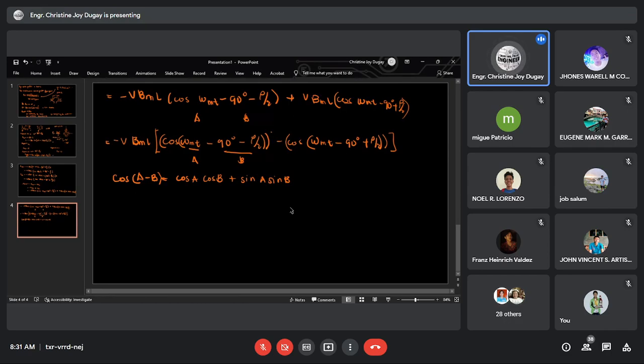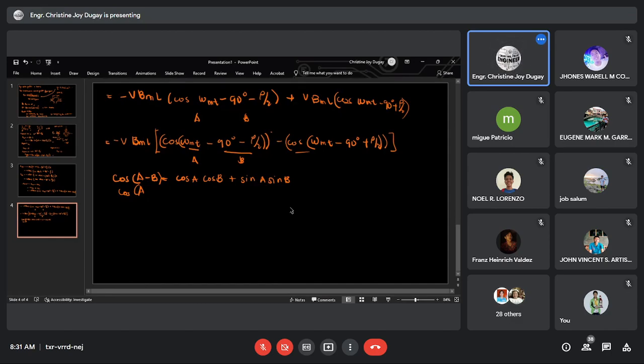Kaya cos sin. So same with this one, cosine, A less B or A plus B? So kung ilalabas natin negative, maging positive yan, negative.